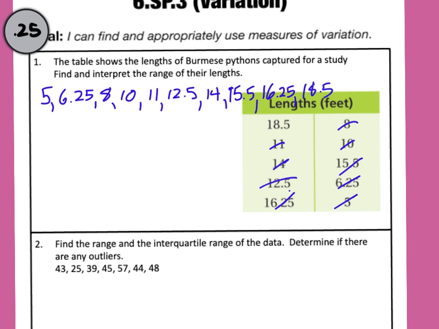So we now have those numbers in order from least to greatest.